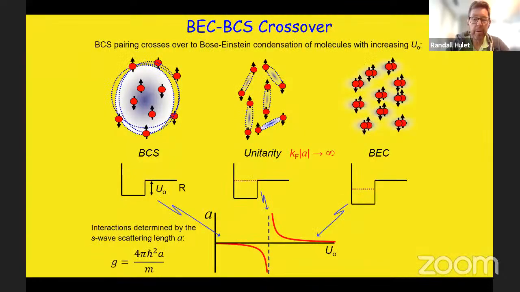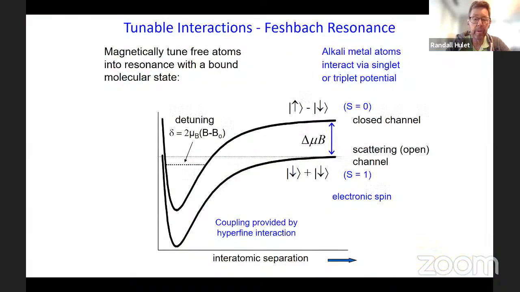This is just a cartoon picture, and it's not exactly fully correct because of what you point out. A Feshbach resonance involves a resonance condition between a bound state of one potential and the scattering energy of another potential. Yeah, that's a very good point.